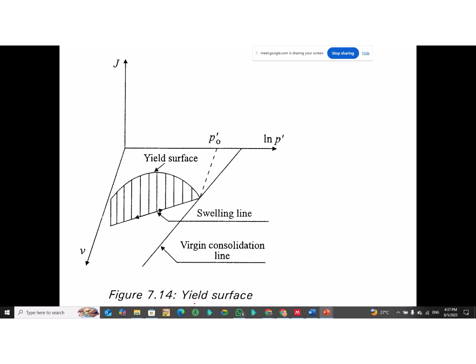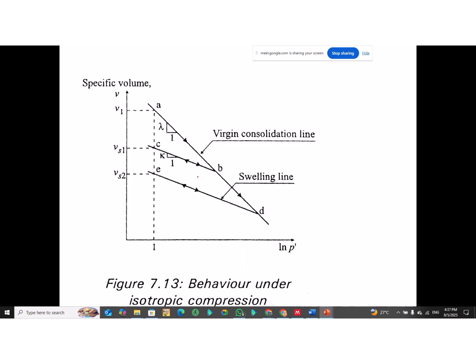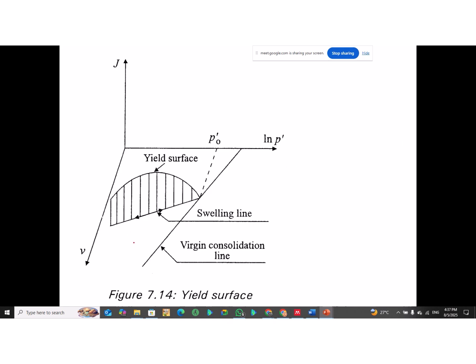Okay, and that's the yield surface. If you were to plot J, and log of P, and the volume in terms of 3D, that would be your virgin line. So extracting just this part alone, we project, we draw a 3D surface, and this is the result.